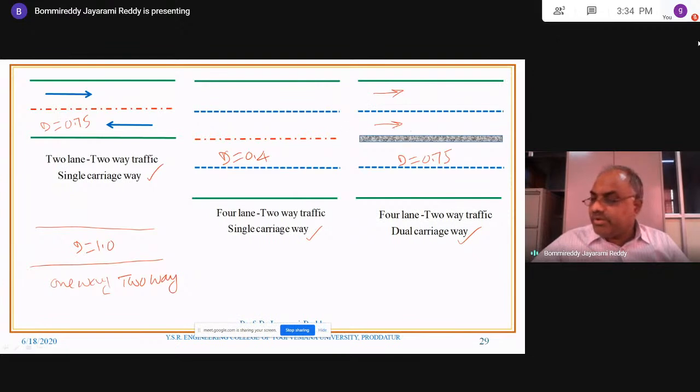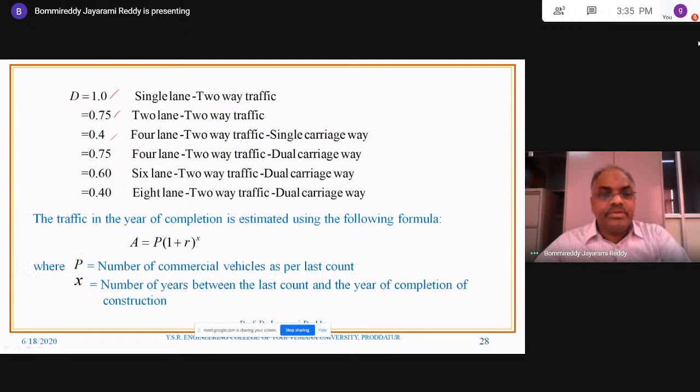While passing, some of the vehicles from lane 1 will come to lane 2, and some of the vehicles passing in lane 2 will also move to lane 1. So that's why the distribution factor considered here is 0.75.